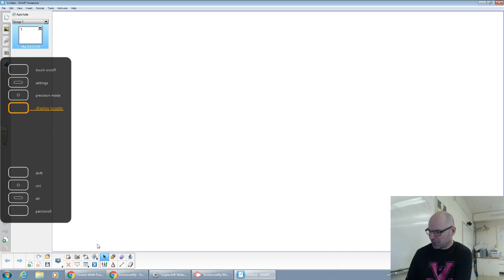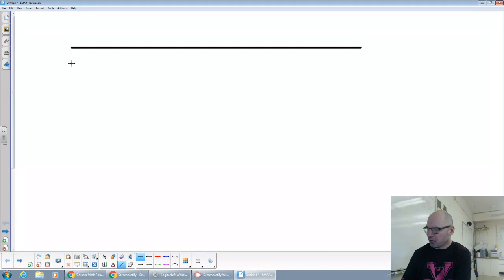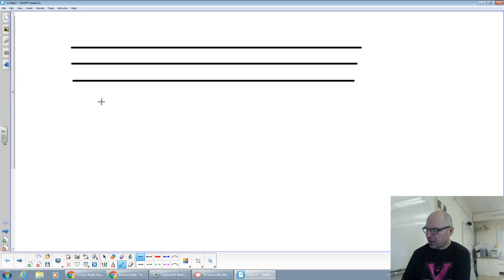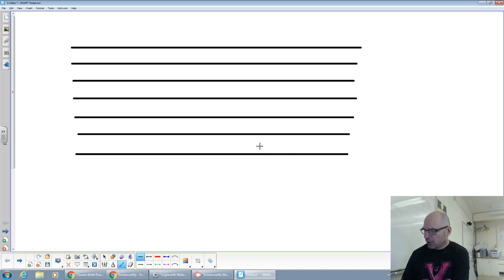So let's just draw it here. I'm going to use straight lines to help myself out here. Okay, so let's make a little grid here that we're going to use to work with. And this is going to be our grid of possible rolls on two six-sided die. And we're going to use this a few times during this assignment. 1, 2, 3, 4, 5, 6. I'm going to try to make it reasonably neat here.